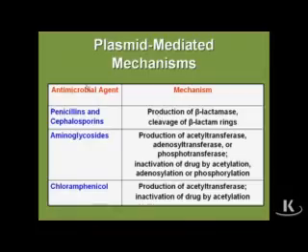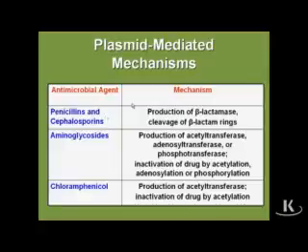The next table that we're going to be looking at really just speaks to some of the plasmid-mediated mechanisms as far as antimicrobial resistance. So for example here, penicillins and cephalosporins. What's the mechanism of resistance? We've talked about this quite frequently, but it's the beta-lactamase.